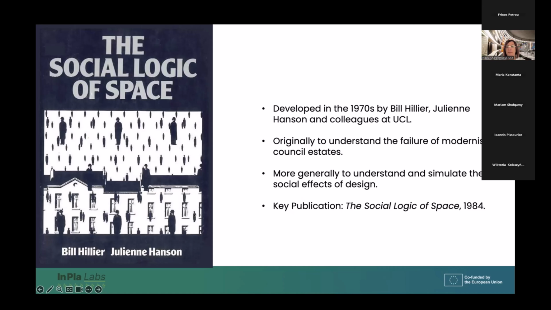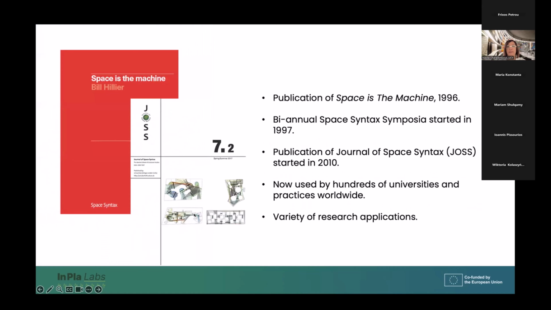And this was published in 1984. Following this, there was a second publication in 1996 by Bill Hillier, which is titled Space is the Machine. And following that, the Space Index Symposia started. They are biannual, they take place every 2 years, and they started in 1997.